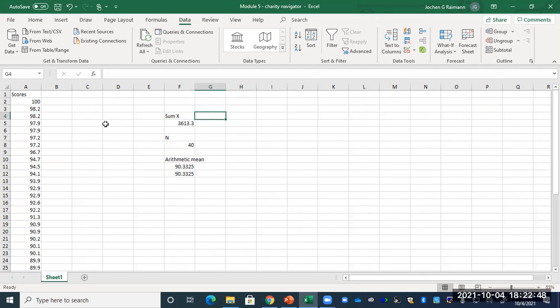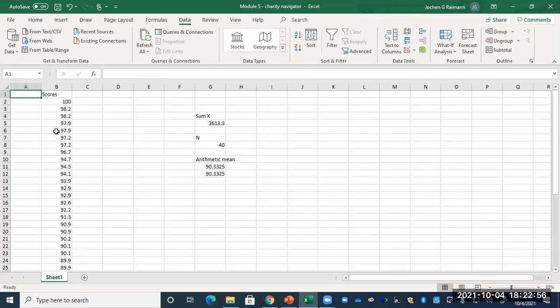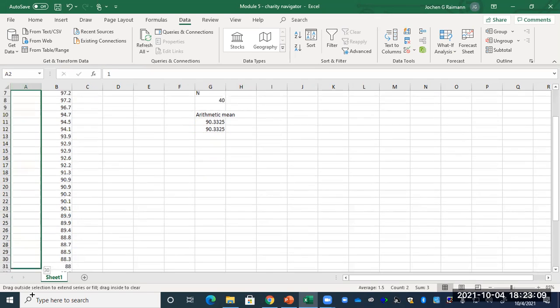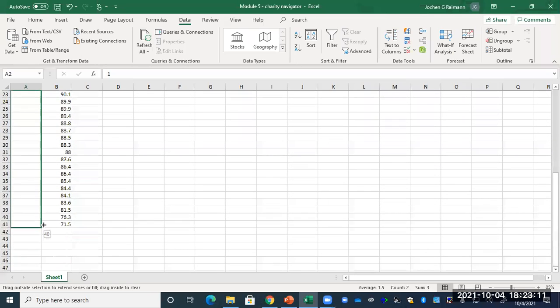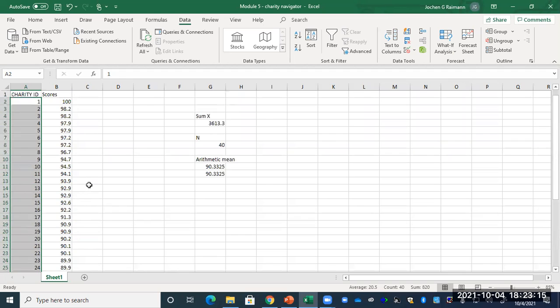Let's number this all through to make it easy. These are now charity ID. Charity ID is a number that I assign to each charity in our data set, going from 1 to 40, so an absolutely arbitrary number.